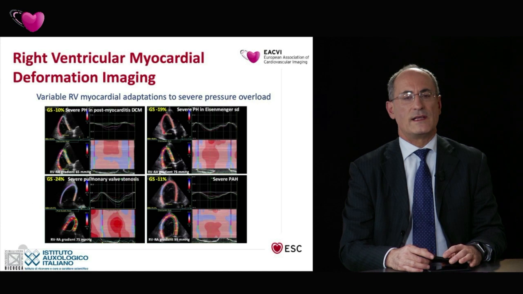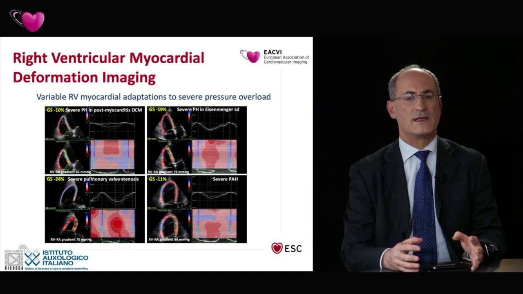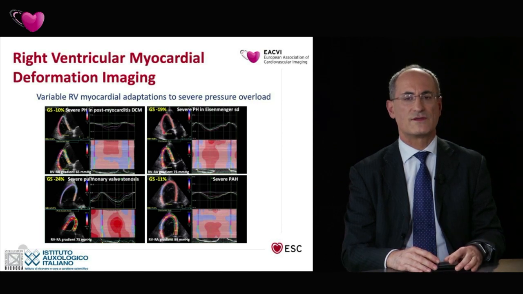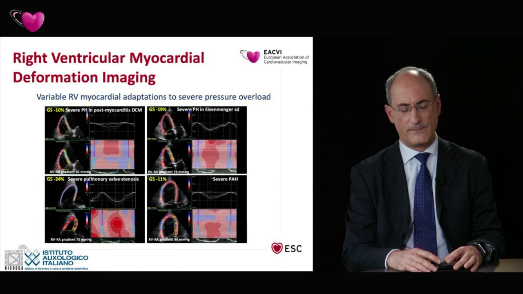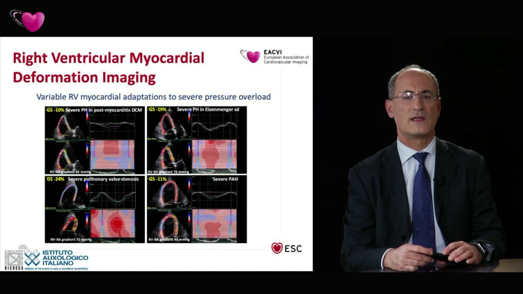I told you that sometimes instead of the free wall, we measure the so-called global or 4-chamber strain, because we are looking at the pathophysiology of the right ventricular dysfunction. And we have learned that the right ventricle has a different ability to adapt to, for example, pressure overload.